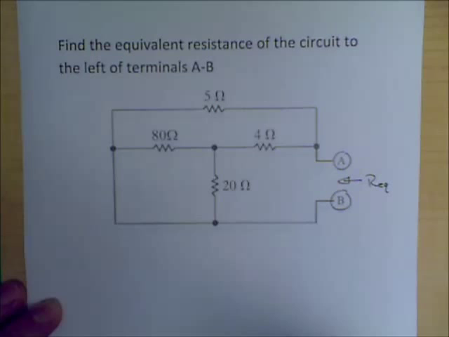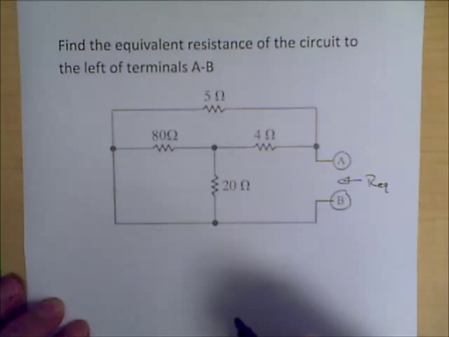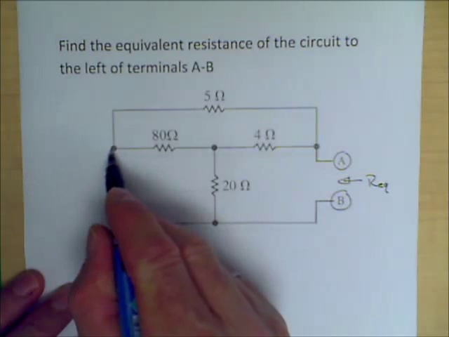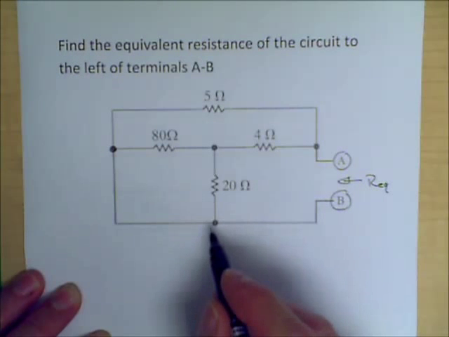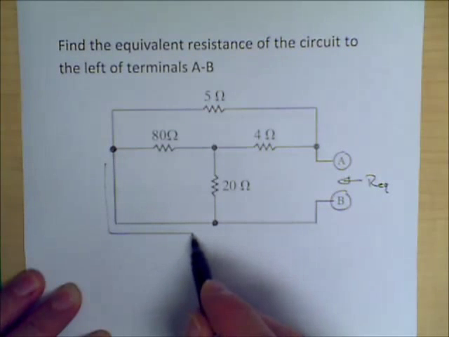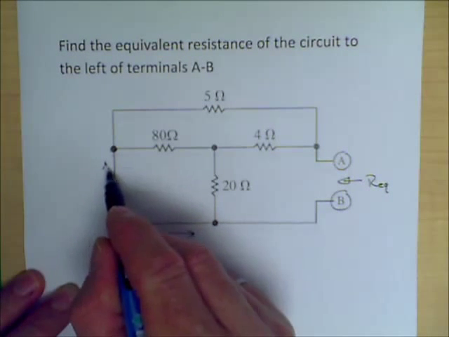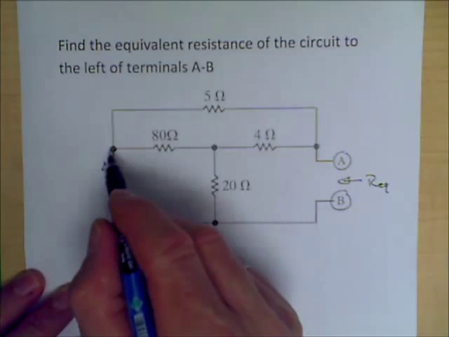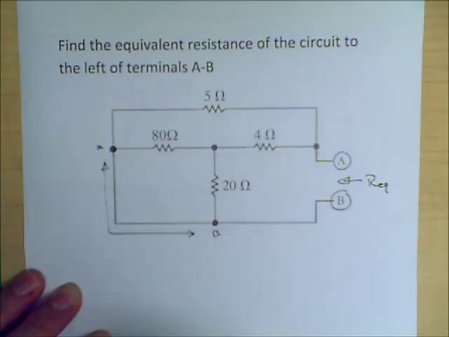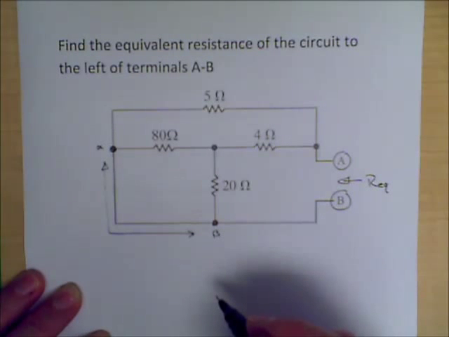Again, we note that the circuit is entirely composed of resistive elements, and there's only one slight, if you will, trick in this, and that is the connection between these two nodes. This entire element is a short circuit, and it means that node alpha and node beta are exactly the same node.